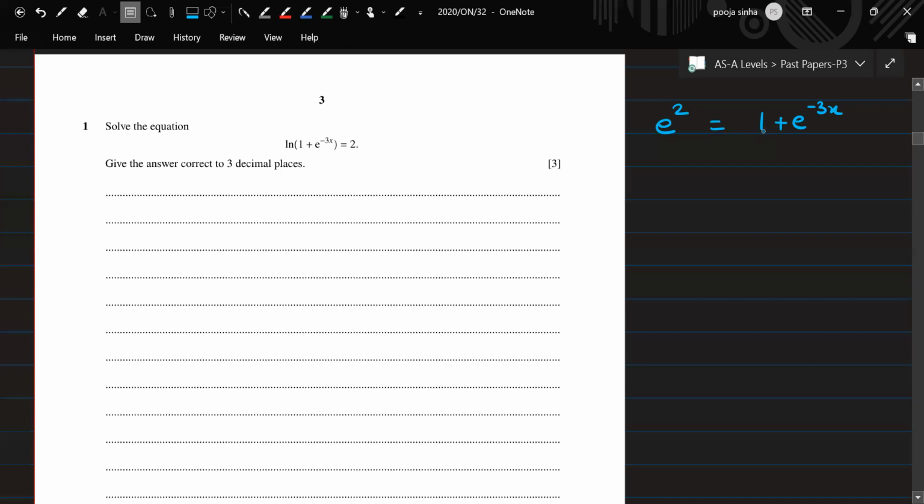Now we use the calculator. Okay. Or we can even make 1 ln. Can we take ln on both sides now once more? Yeah. If I do that, what will I get? ln e square is equal to ln of 1 plus e raised to minus 3x.